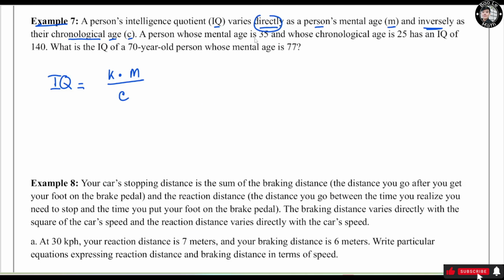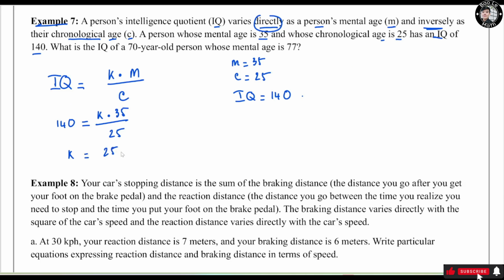A person whose mental age is 35, so M equals 35, whose chronological age is 25, C equals 25, has an IQ of 140, so IQ equals 140. From these three pieces of information, we need to solve for K. So we have 140 equals K times 35 divided by 25. So K equals 25 times 140 divided by 35. It's going to be 100.